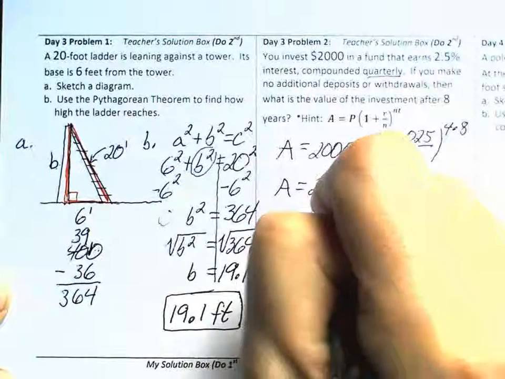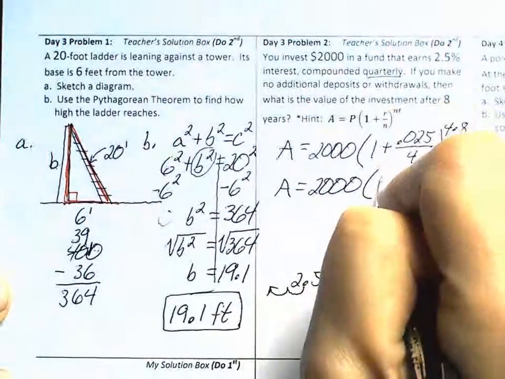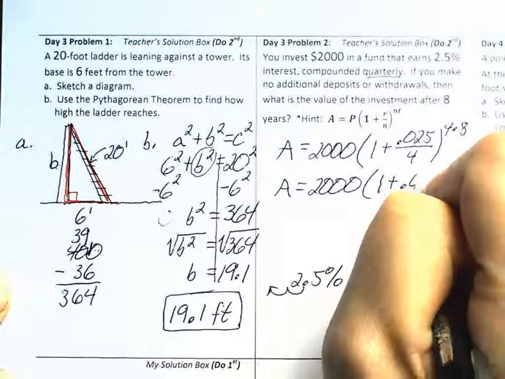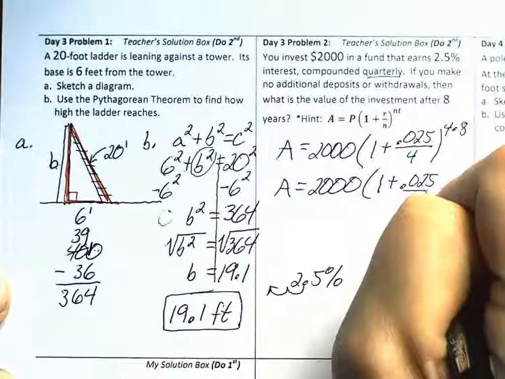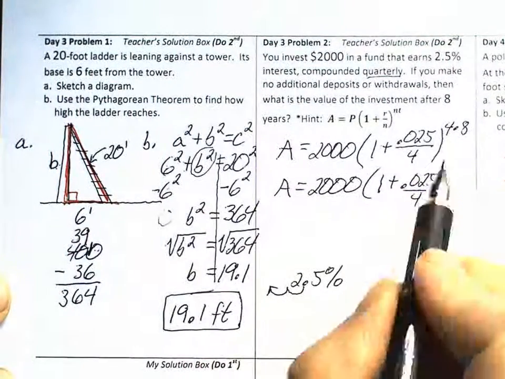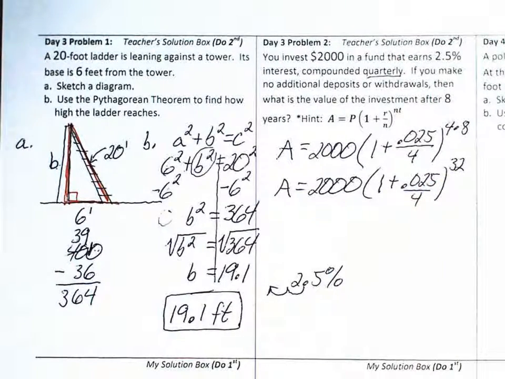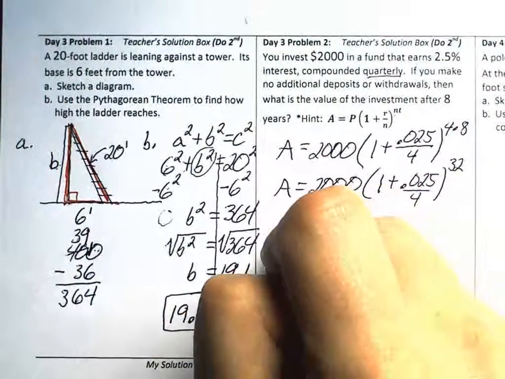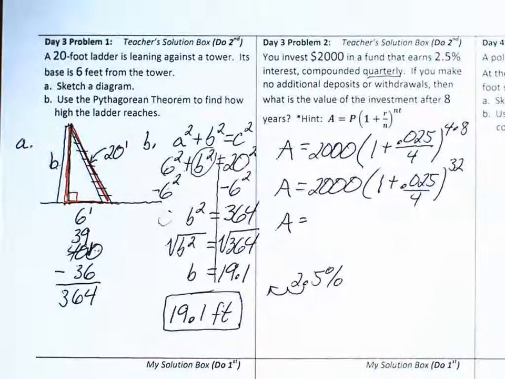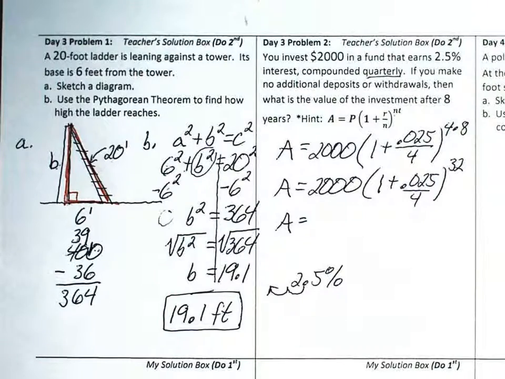Simplifying the exponent, we can rewrite it like this. 0.025 divide 4, and 4 times 8 means that the exponent could be written as 32. And that just makes it a little easier to type in the calculator, less chance of making a mistake when you type in the exponent.